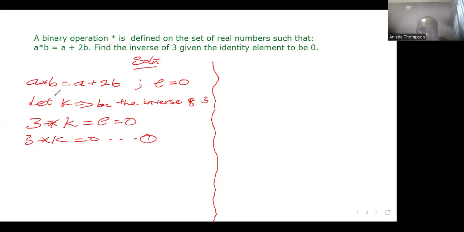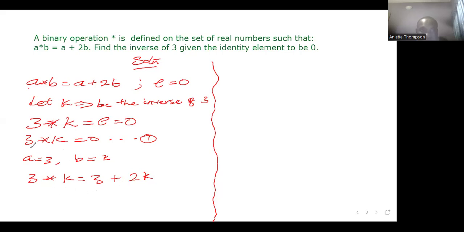But by definition, we know that A asterisk B is equal to this expression here. So it means that 3 has taken the place of A, or I can say A is now equal to 3 and B is now equal to K. So 3 asterisk K can be written, with respect to the definition given, as 3 plus 2K.